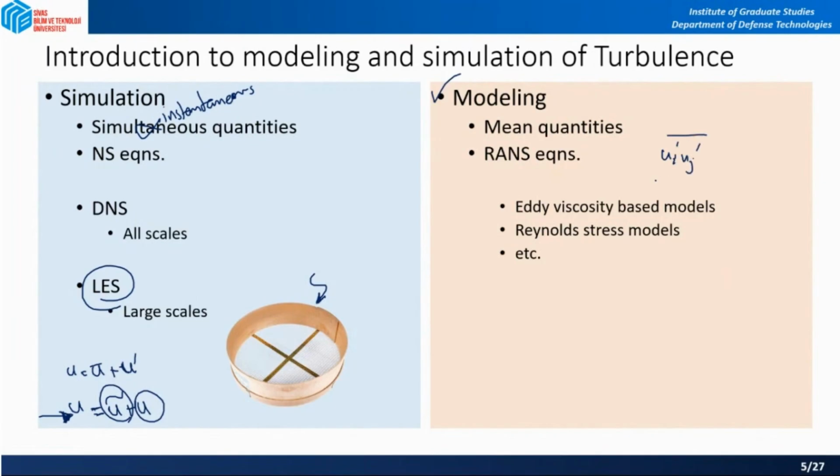And there are all kinds of turbulence models that we will see through this course, either eddy viscosity based models or Reynolds stress models, etc. But this is the general categorization, simulation and modeling.